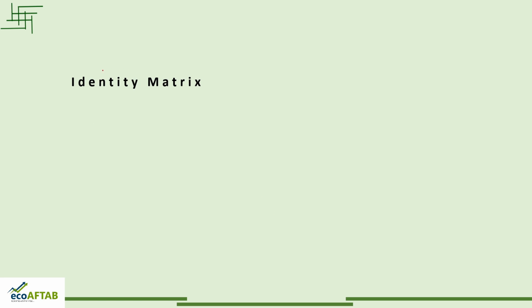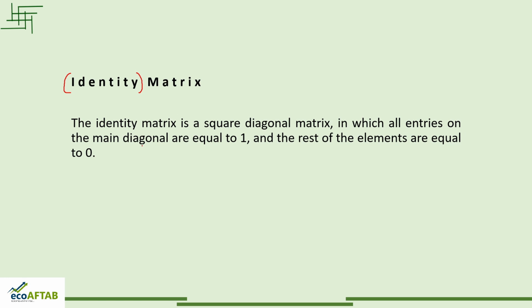Identity matrix. When we speak about the identity matrix, the identity matrix is a square matrix, first point, and a diagonal matrix, second point, in which all entries on the diagonal are equal to 1 and the rest of the elements are equal to 0. This is what an identity matrix is. So if this is a matrix, what is it telling?